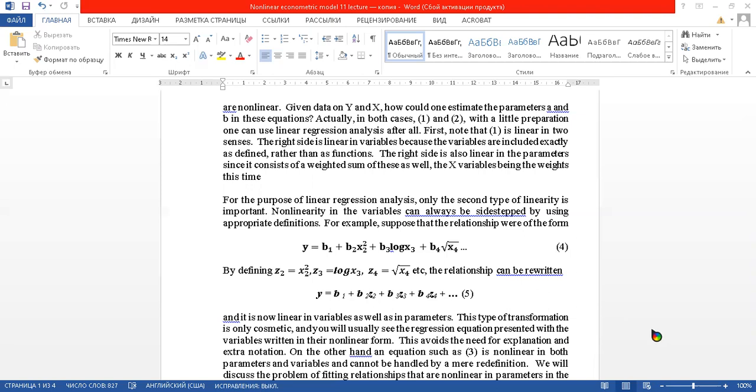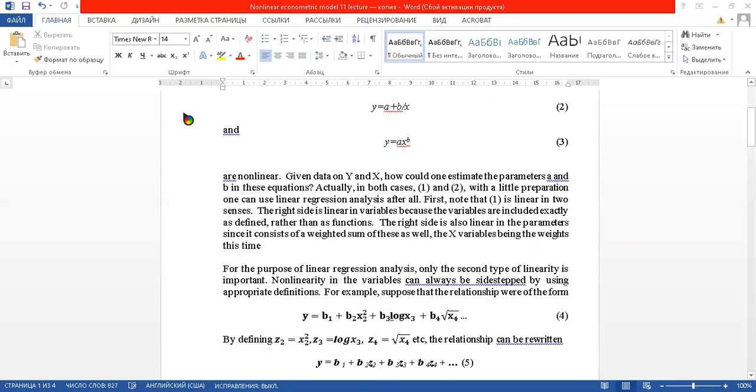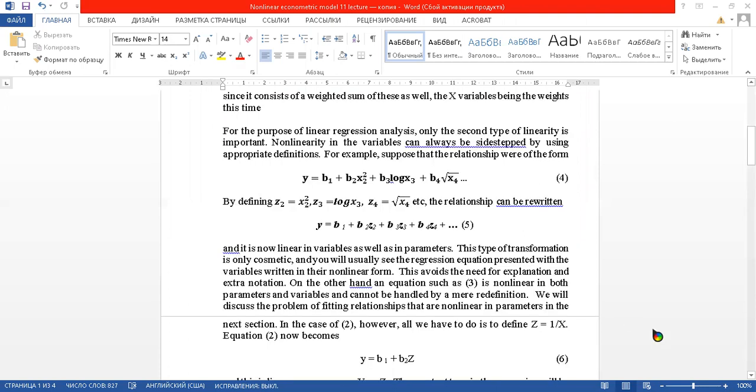On the other hand, equations such as case 3 for a function are nonlinear in both parameters and variables and cannot be handled by the mere redefinition. We'll discuss the problem of fitting relationships that are nonlinear in parameters in the next section.